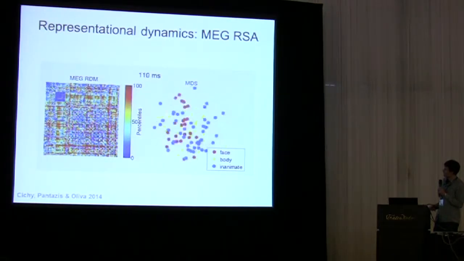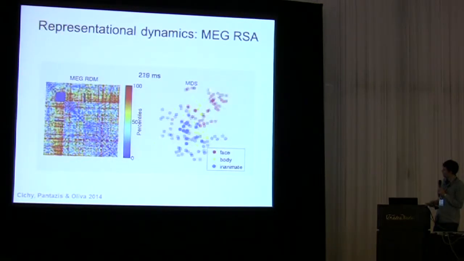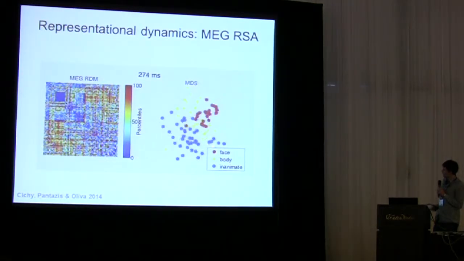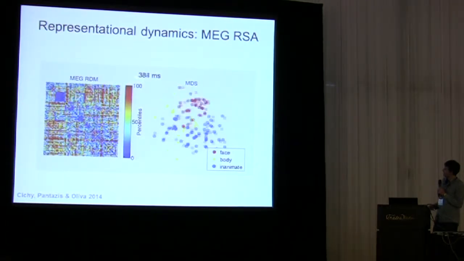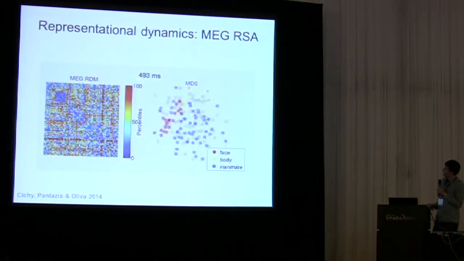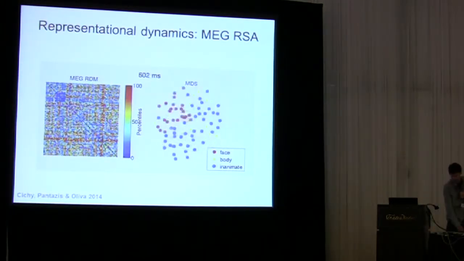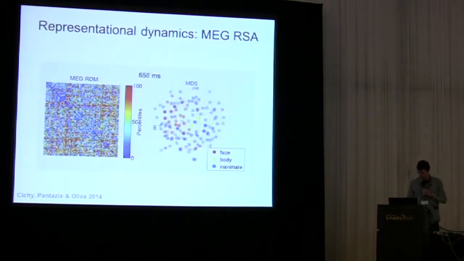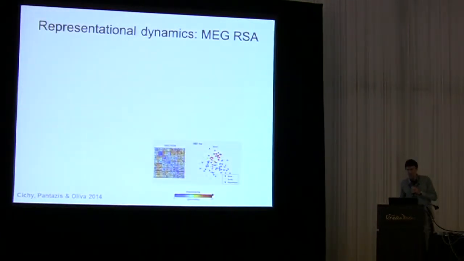Then there's this tight face cluster here, then this human face cluster, then there's an animal face cluster, then all the faces start clustering together here, and the inanimates also start forming a cluster. Now the stimulus is still on, it's 500 milliseconds. Once the stimulus is off, there's still a lot of structure that persists in the representation. I find it very exciting to see this dynamic emergence of different aspects of the representational geometry.